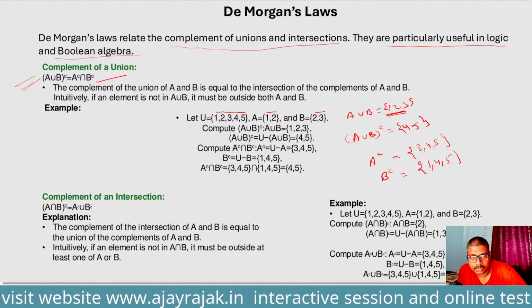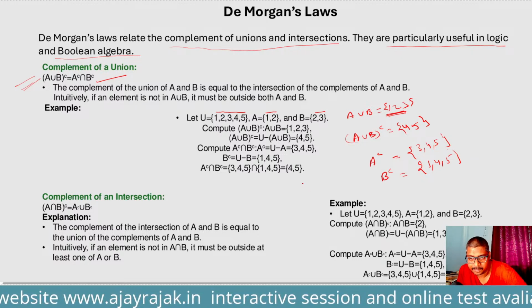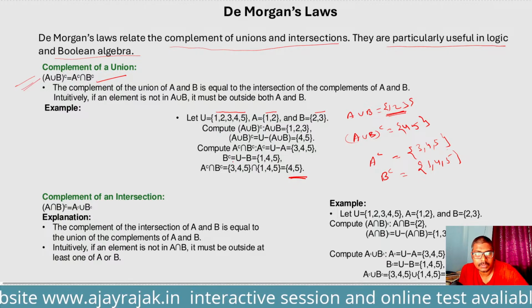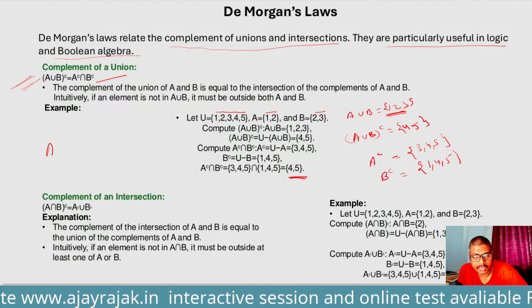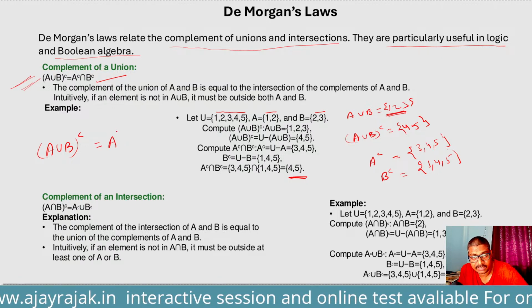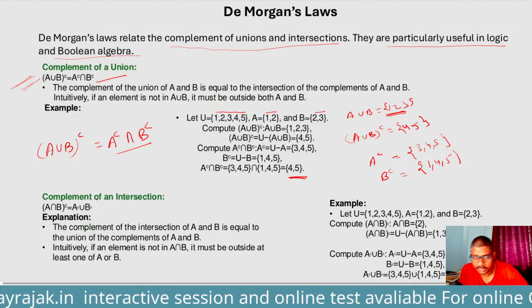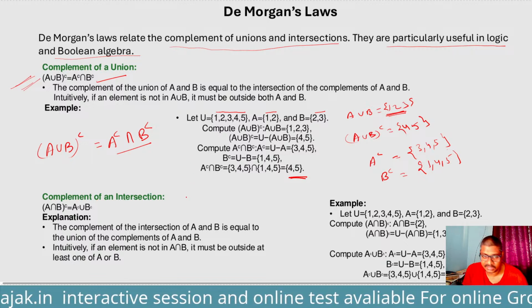When we take their intersection, what do we have? 4 5. So this is satisfying the law: (A union B) complement is the intersection of the individual complements.